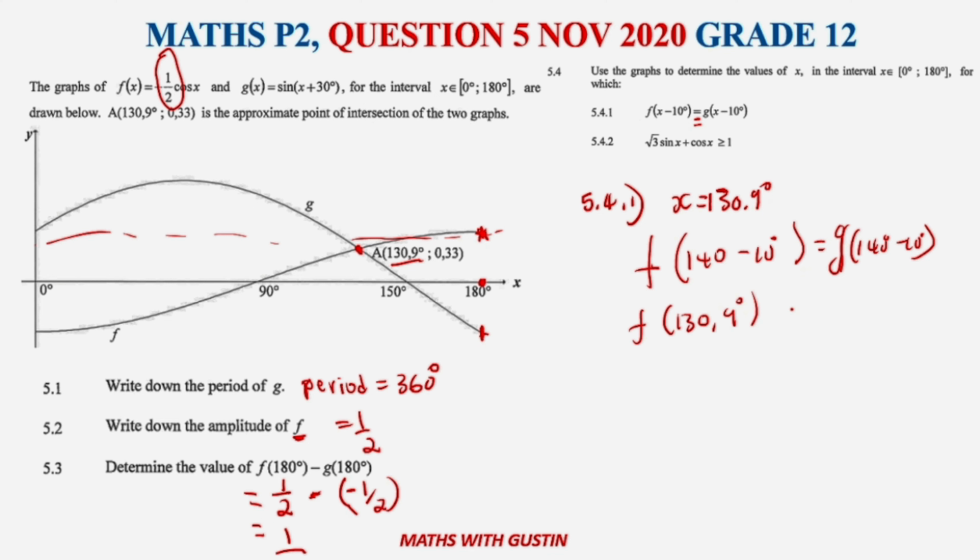That is going to be equal to g of 130.9 as well. We have to go to our graph and look at that. It's giving us 1.330. This is the y point where the two graphs are equal, and it is given here at point A.